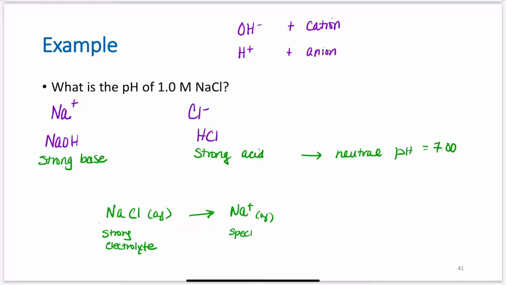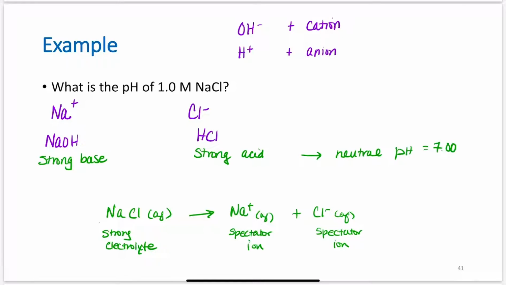This is a spectator ion because, again, it comes from a strong base, plus chloride ions, which is also a spectator ion because it came from a strong acid. I have absolutely asked questions like this on exams before, and students have tried to calculate the pH and then given me really wonky numbers if it's a multiple choice question. If you see the salt of a strong acid plus a strong base, please tell me the pH is 7. Please don't waste your time. It is pH of 7.